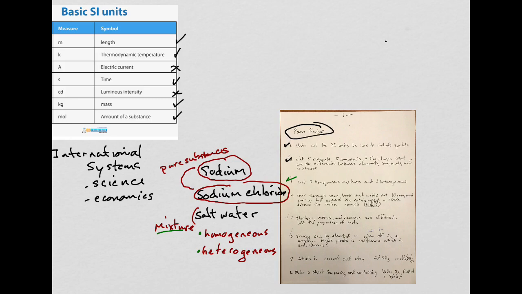Look through your book and find 10 compounds and put a box around the cation and a circle around the anion. Remember, when we have compounds, in the past we have said, oh, okay, sodium's +1, and it reacts with chlorine, which is -1, and we do the swish, swish, but we don't write ones, so we just come up with NaCl. Well, what I want you to now do is do what we were saying.